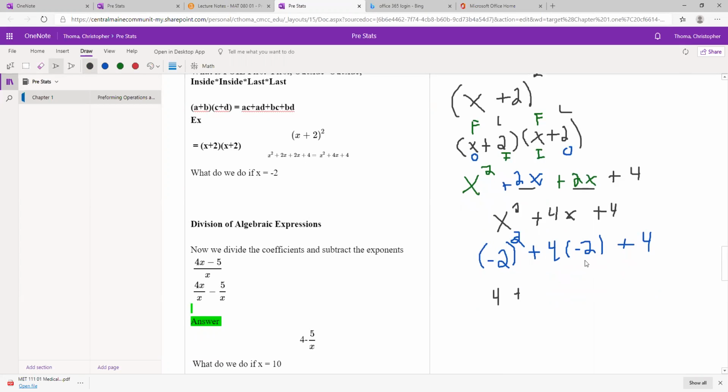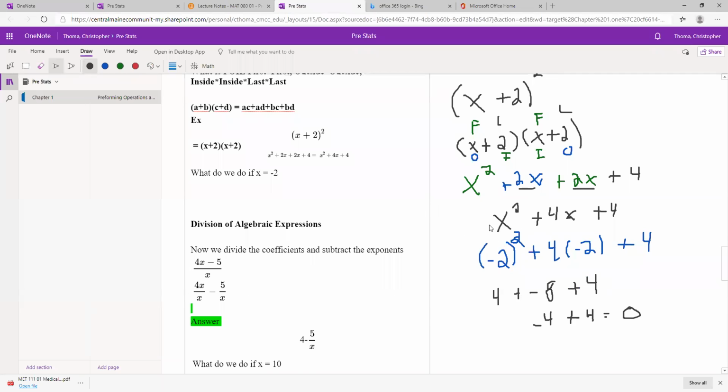And then 4 times -2 is a -8. And then plus 4, right? So 4 minus 8 is -4. Then plus 4, this whole thing just equals 0. So when you go to solve this on your calculator, if you're not getting 0, then you're typing something wrong in your calculator, right? Because -2 will give you the value of 0.